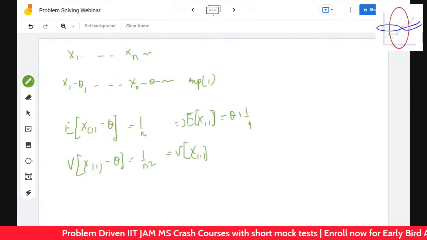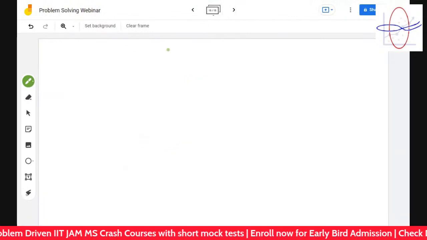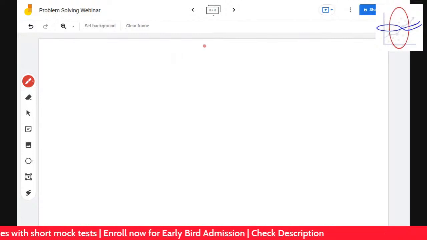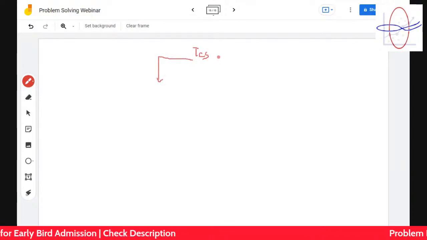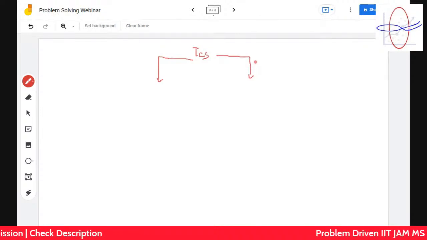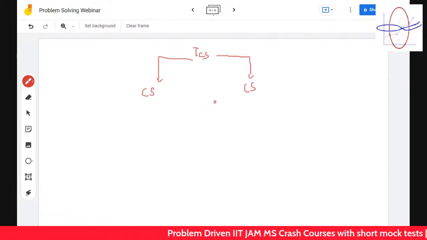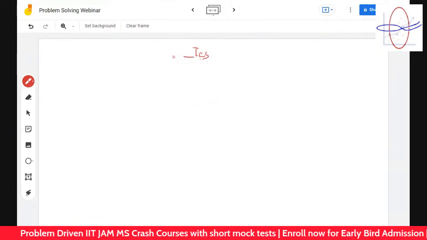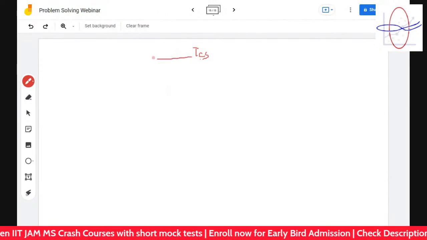Okay. So let me just revise it. What is the idea? So one is CRLB. So I'm revising it by TCS. TCS's first step is finding the complete sufficient statistic. And we have discussed that, finding this, and then the next step is to find an unbiased estimator.